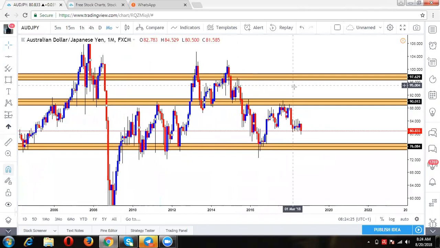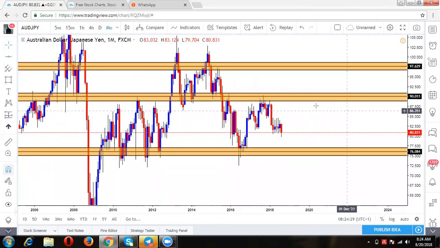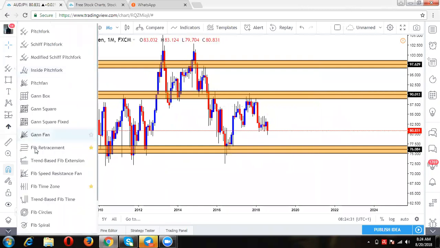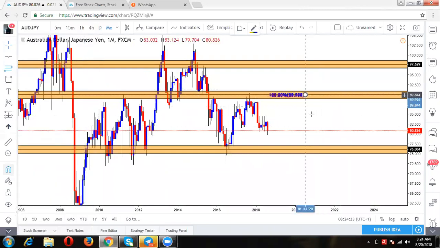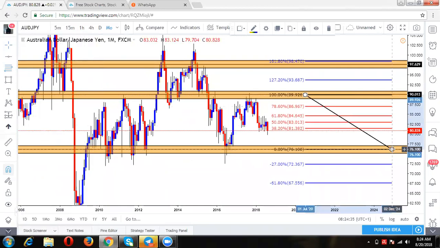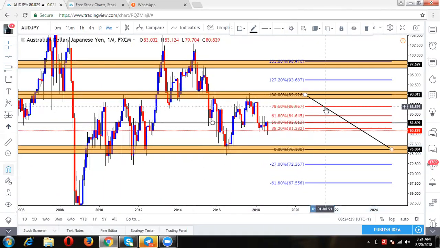This is the monthly. Now, sometimes what I do is I pull up my Fibonacci and take the middle, the 50%, and mark it.